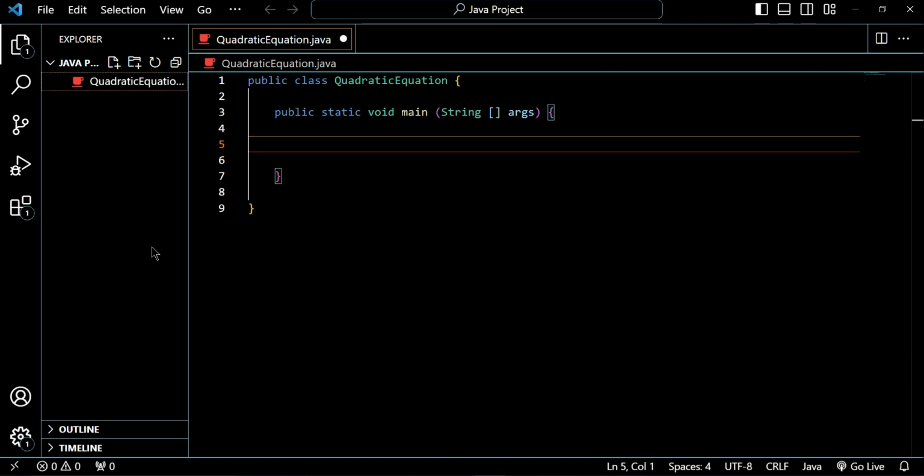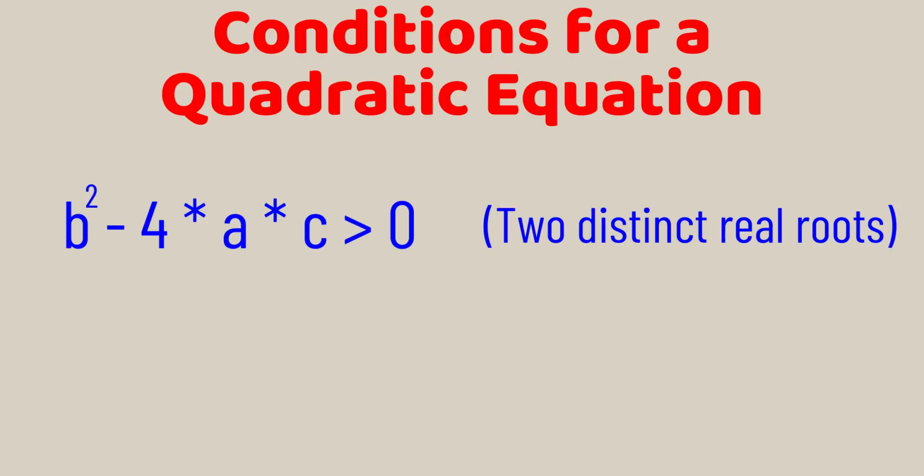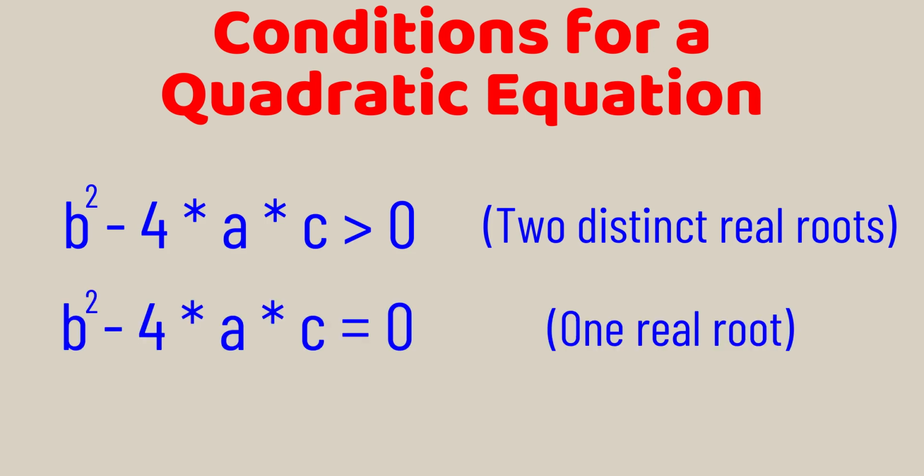First things first, we need to know how a quadratic equation works. The first condition is if b squared minus 4ac is greater than 0. It means that the equation has two distinct real roots. The second condition is if b squared minus 4ac is equal to 0.